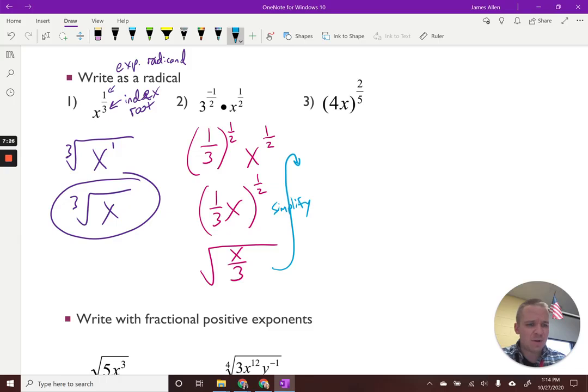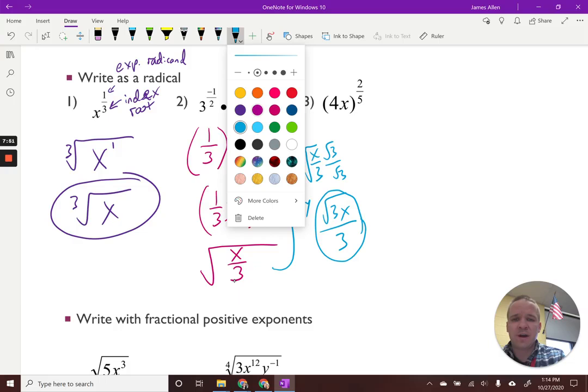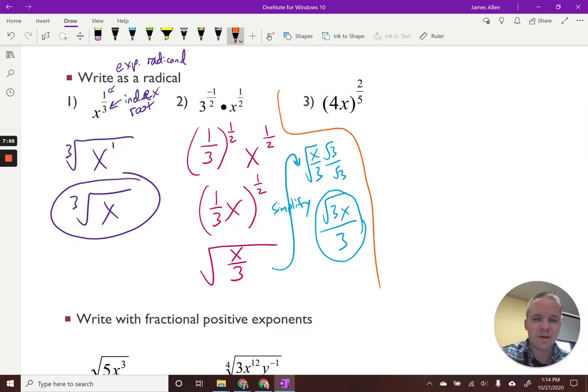Well, to do that, I can't leave any radicals in the denominator, and right now I have a root 3 in the denominator since the whole fraction's inside there. So I'm going to multiply this by root 3 over root 3. So now I have the square root of 3x all over 3, not in the radical, and that'd be the fully simplified version, okay? If we're going that simplified route, which, I mean, why wouldn't we? It's more work, which is just more fun, right?